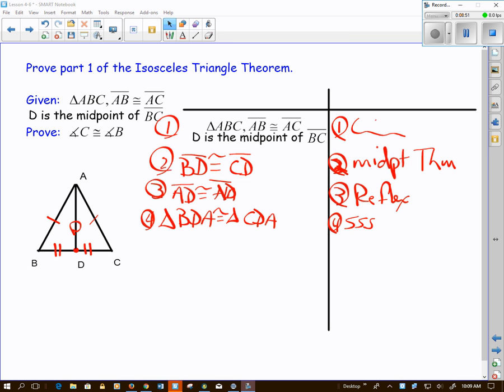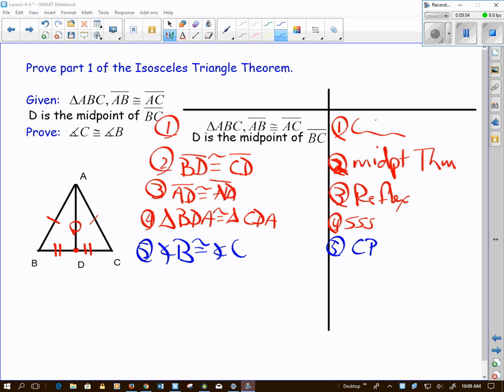And then we can finish it up with angle B congruent to angle C, and the reason, of course, is corresponding parts of congruent triangles are congruent, CPCTC. So we've proven the first part of the isosceles triangle theorem.